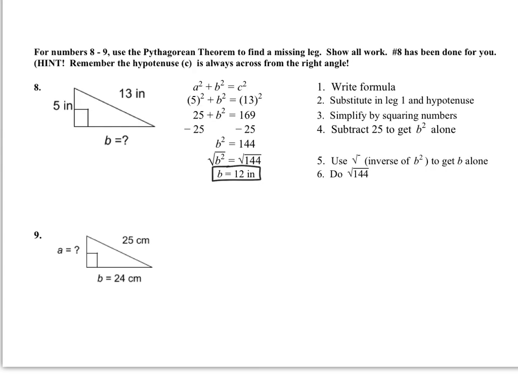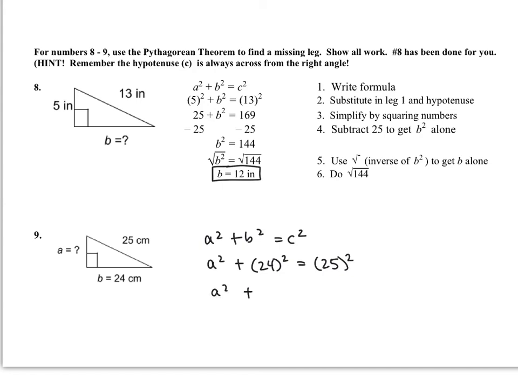So now for my next example, I'm missing my leg. This time I'm missing a. So again, I'm going to write my formula, a squared plus b squared equals c squared. I'm going to substitute in the information that I have. So I don't have a, but I know that b, one of my legs, is 24, and my hypotenuse, the longest side and the side opposite the right angle, is 25.